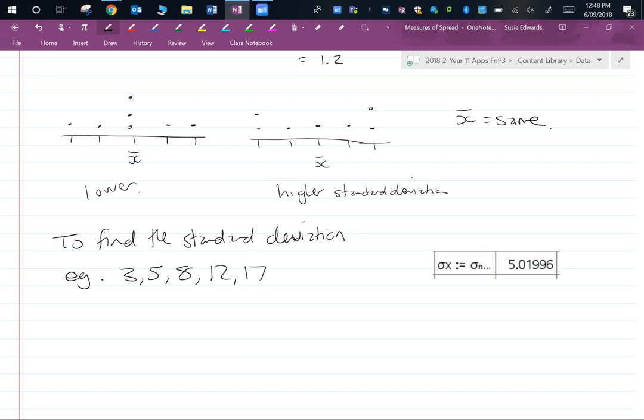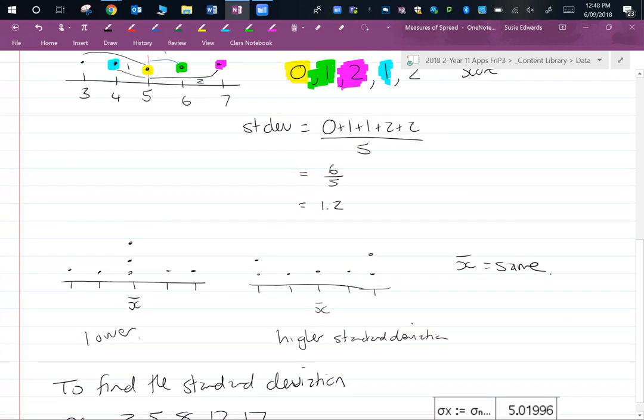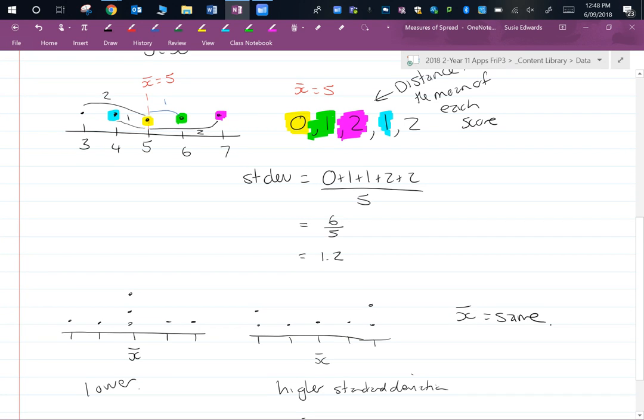We need to find the average distance from the mean. Now, while we're doing that, have a look at the numbers we had up here. You know how we had the 0, 1, 2, 1, 2 there? And you know how I said this would be -1 and this would be -2 because it's going backwards? Now, if I used -1 and -2 instead of +1 and +2 in here, what would I end up with?